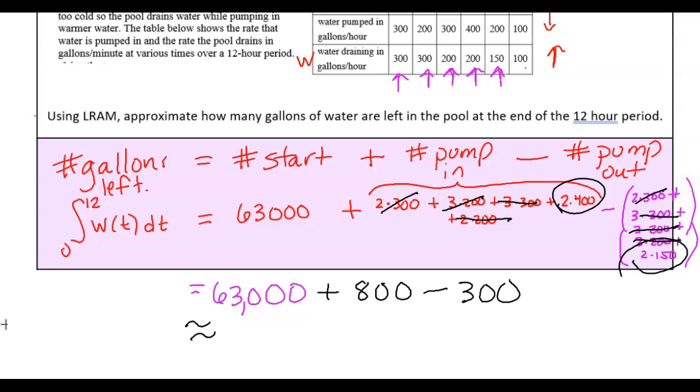So we get about 500, so plus, so 63,500 gallons of water would be left. Okay. So it's definitely using LRAM. We would have a different answer for RRAM, but this is also an approximation.